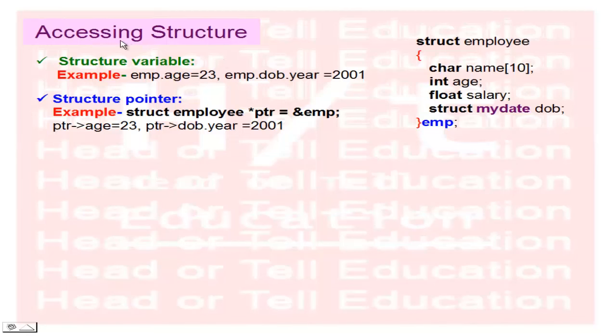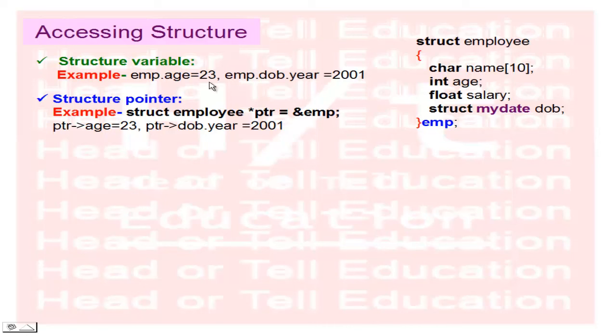Next, how to access the structure variable. This is the structure variable employee, with character name and age, and this is the structure variable employee emp. This is a struct data type. This is a normal variable, so if we use age, emp dot age equals 23, we can directly assign age.